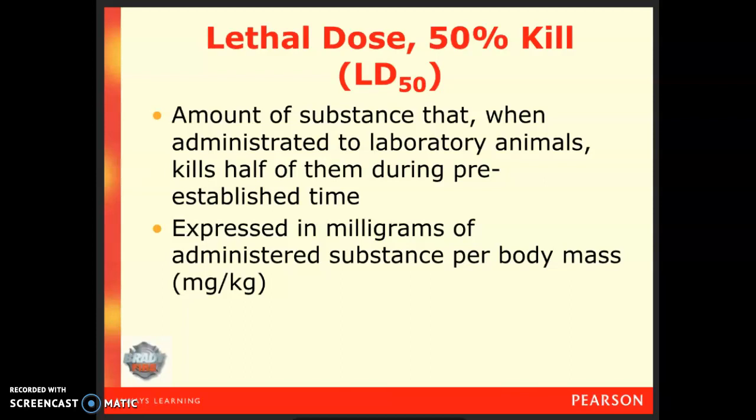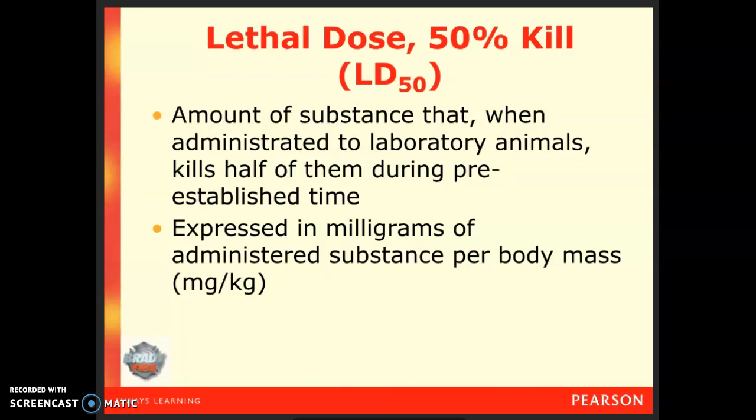So we look at a toxic material, we give varying doses of that toxic material to laboratory animals, usually rats, and we monitor how well the animals are able to handle the toxic dosages. And the LD50 represents the dosage that actually kills 50% of the population that it's given to.